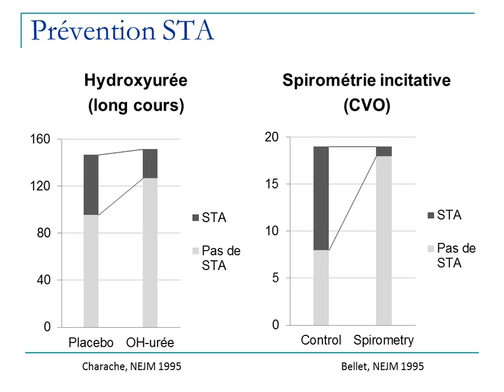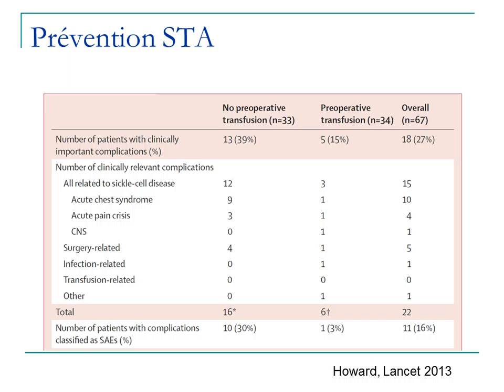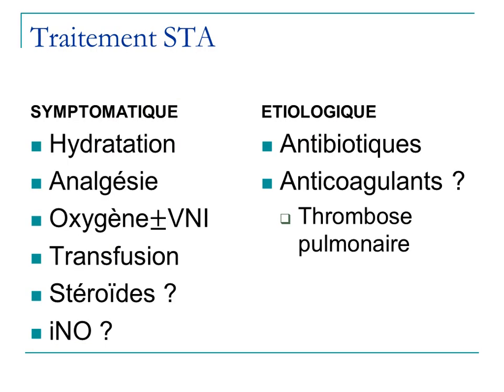How to prevent it? Hydroxyurea long course is good, and incentive spirometry will also decrease the risk of an ACS. Pre-op transfusion of patients that are going to undergo surgery decreases the ACS rate post-op.